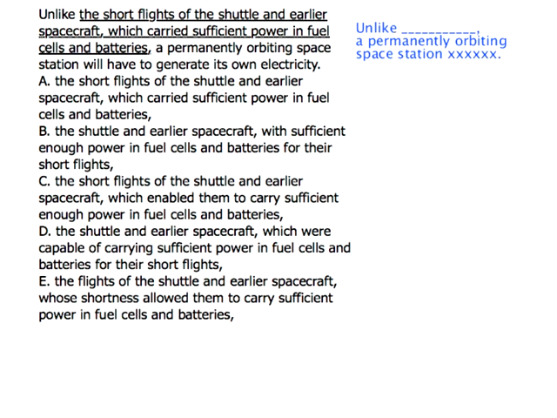So the question is, what is actually contrasted with a permanently orbiting space station? Yeah, the shuttle and earlier spacecraft, right? So it's got to be the shuttle and earlier spacecraft.